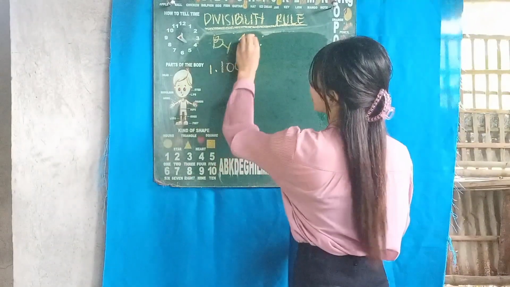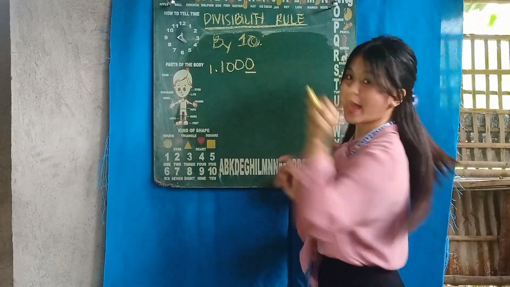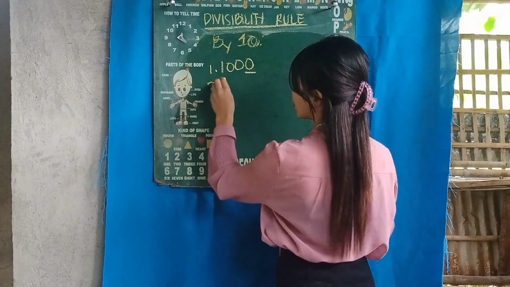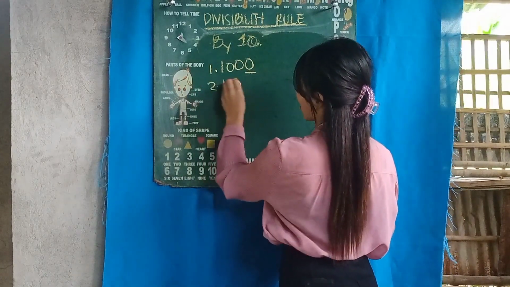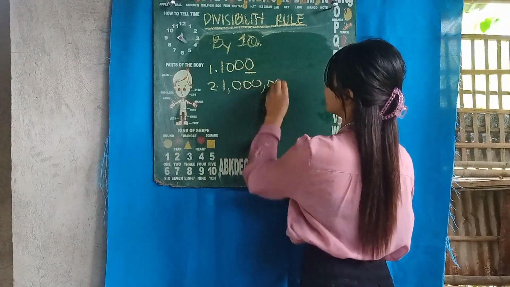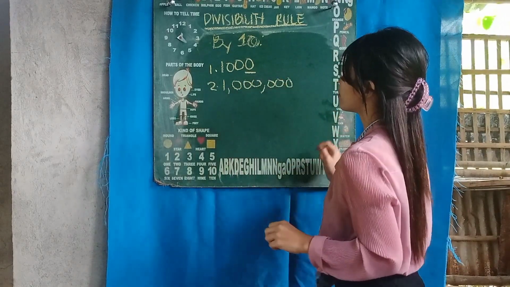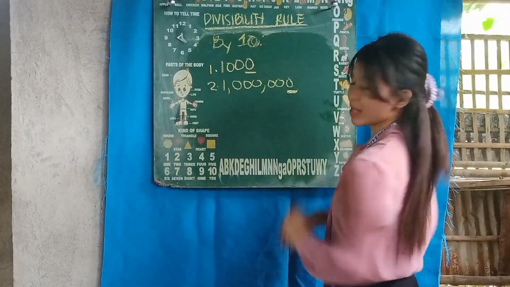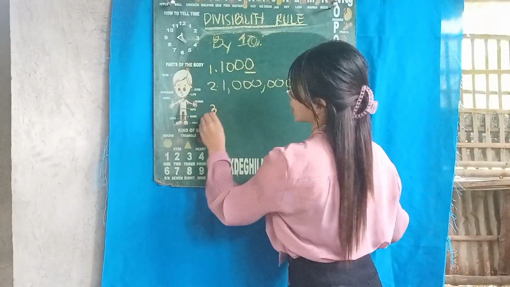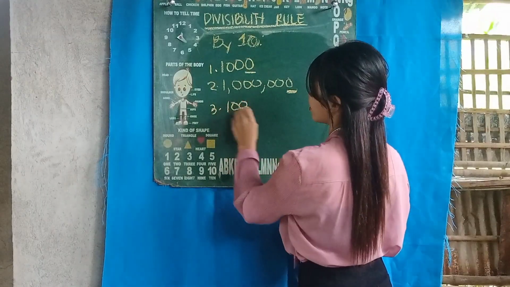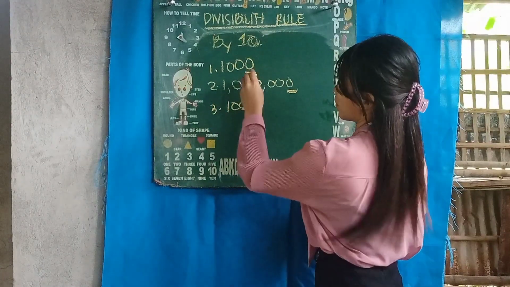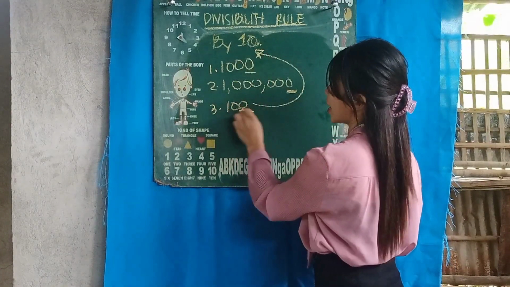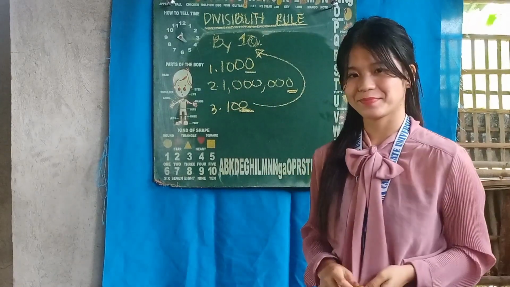Also automatically divisible by 10. Another example. Let's have 1 million. Divisible by 10 because it ends with 0. Another example. 100. Also divisible by 10 because it ends with 0.